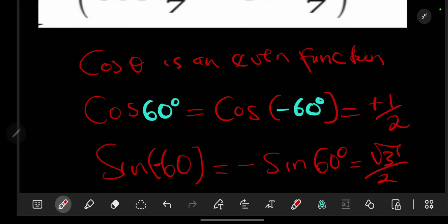Don't worry about how you get this, we have looked at this, it is not important for De Moivre's theorem. All I wanted you to pay attention to is how sine is an odd function, meaning the negative will be the negative of that trigonometric ratio, whilst the negative of the cos will be the same as the positive cos.